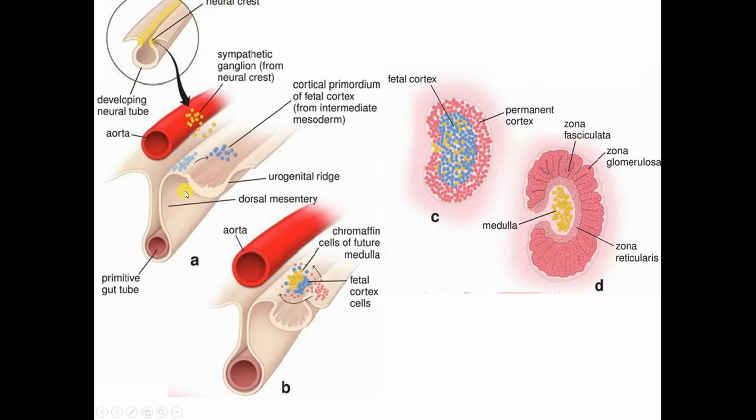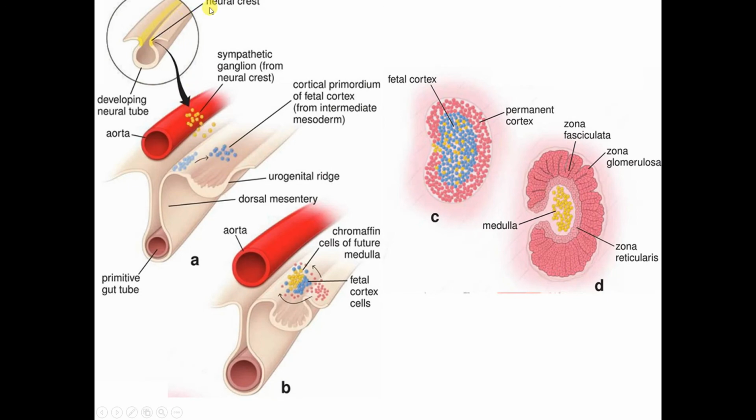This ridge is responsible for this site of collection of cells. It's the primordium of the fetal cortex. Mesodermal cells of the splanchnopleura, also known as dorsal mesentery, are collected in the urogenital ridge.